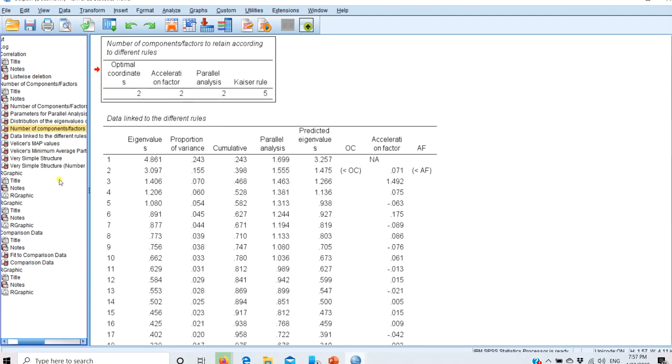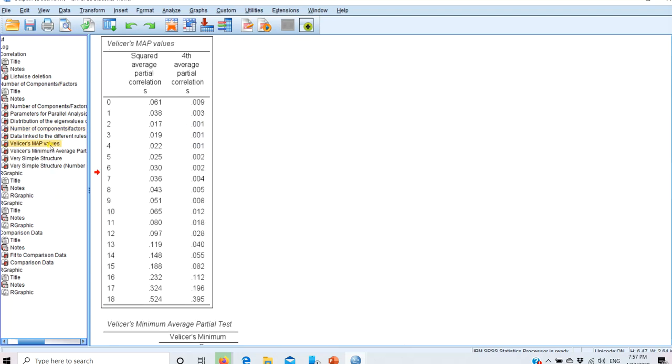Now come to the Velicer's MAP criterion. This zero step is the value of the original correlation matrix, the squared average correlation. Now the first component has been partialled out, then this partial correlation has reduced to 0.038, then it further reduced after removing the second component to 0.017, and then it started increasing.